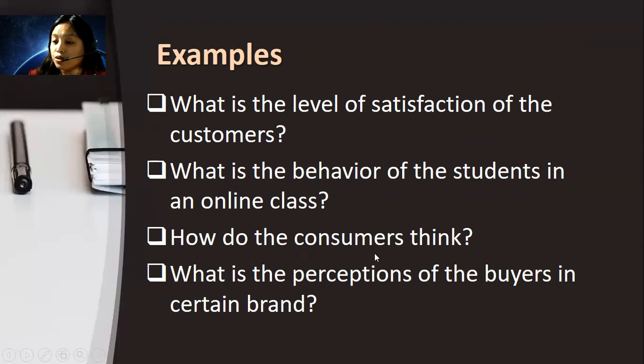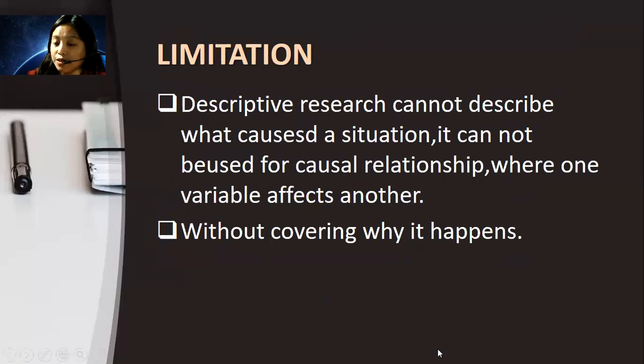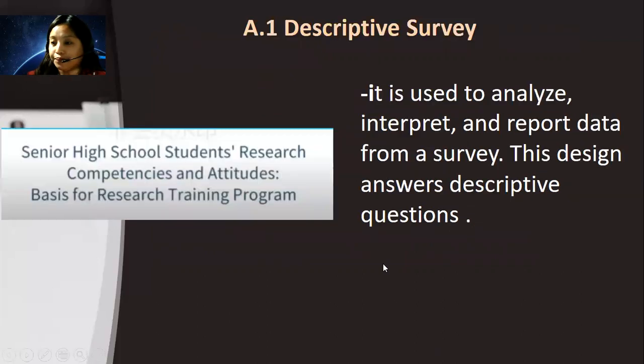How do the consumers think? What is the perception of the buyers of a certain brand? But it's also limited: descriptive research cannot describe what caused a situation. It cannot be used for a causal relationship, where one variable affects another, without covering why it happens.